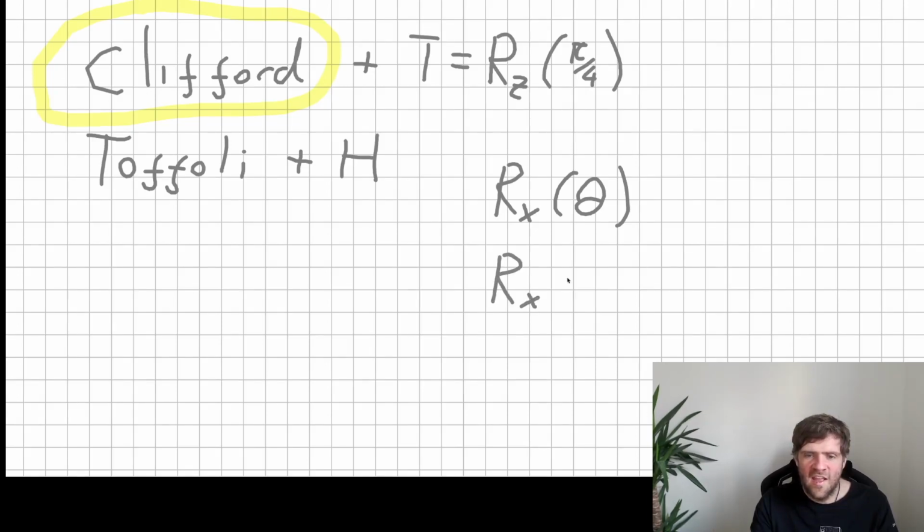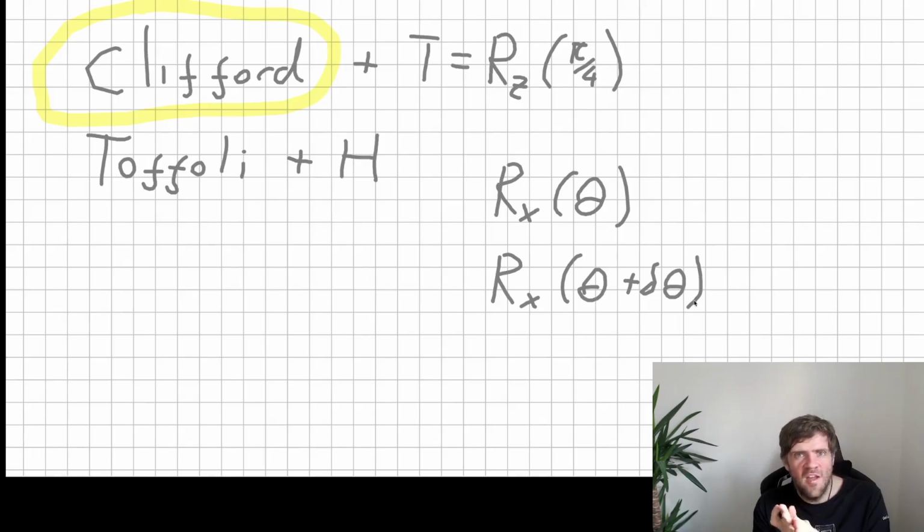For non-Clifford gates, it is much harder, especially if you're talking about a continuous rotation, such as rotations around the x-axis by some angle, because rotation around the x-axis by that angle is a valid gate. Rotation around the x-axis by that angle plus some infinitesimal amount is also a valid gate. So how do you distinguish between this valid gate and the valid gate which is a slight over rotation? It's a very difficult thing to be able to distinguish between two valid things that are continuously related to each other.